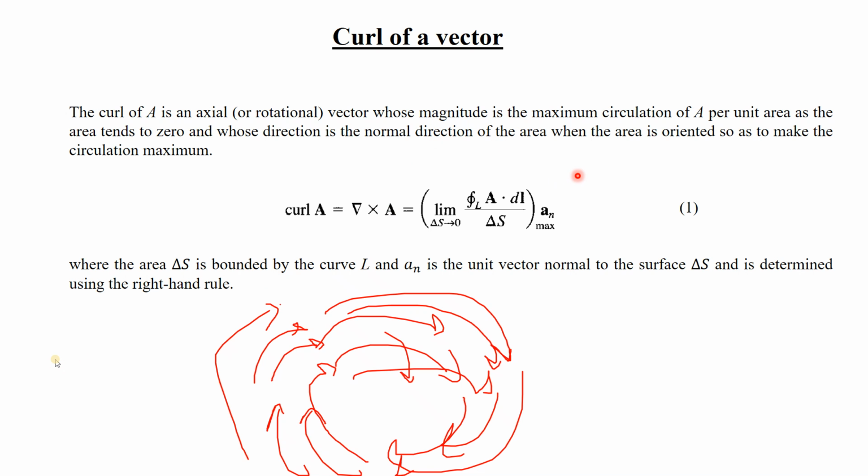Now, the amount of circulation is the magnitude, that means the curl of a vector whose magnitude is the maximum circulation per area.